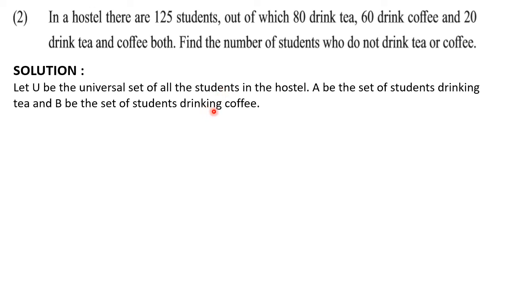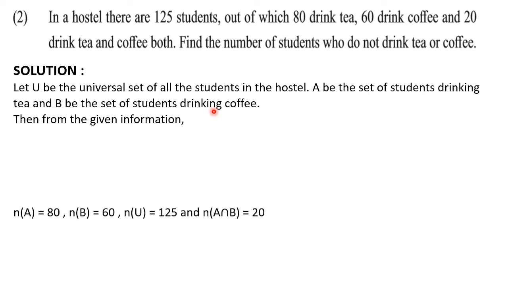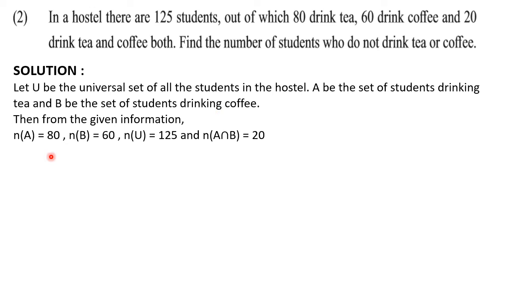Then you can write down that, from the information given in the question, n of A is 80, because 80 students drink tea and we have taken set A for that. Then 60 drink coffee, so it is set B. So n of B is 60.